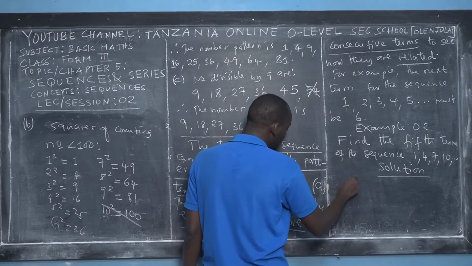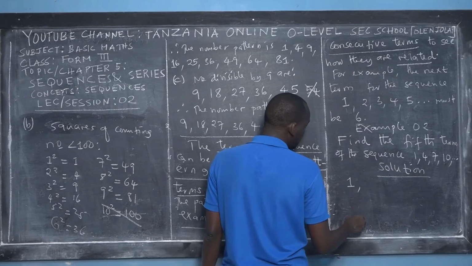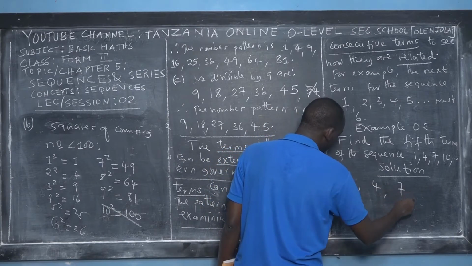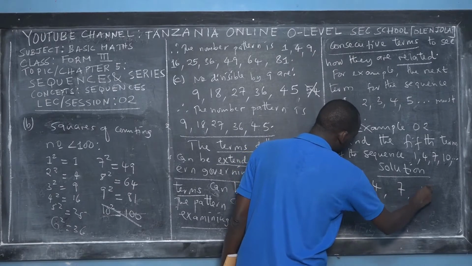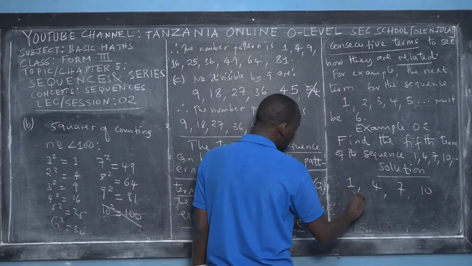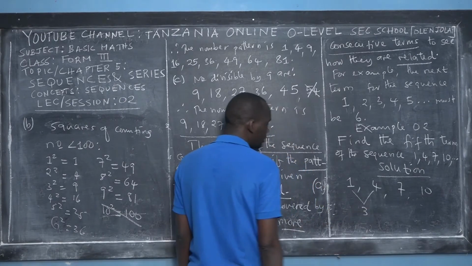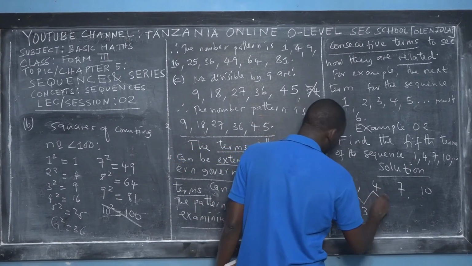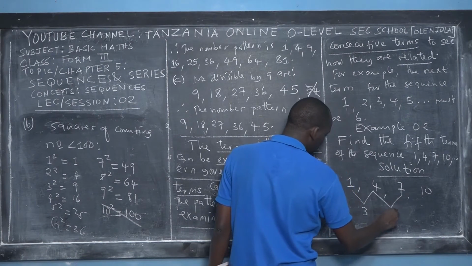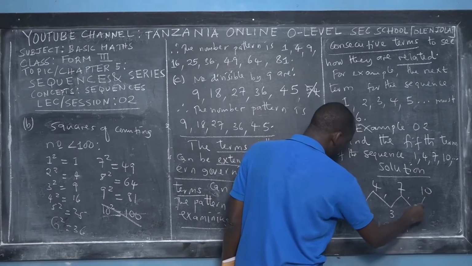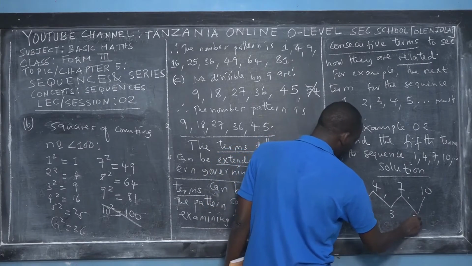So you can use this simplest way. You have 1, 4, 7, 10. The difference between the first term and second term is 3, between the second and third terms is 3, and between the third and fourth terms is 3.